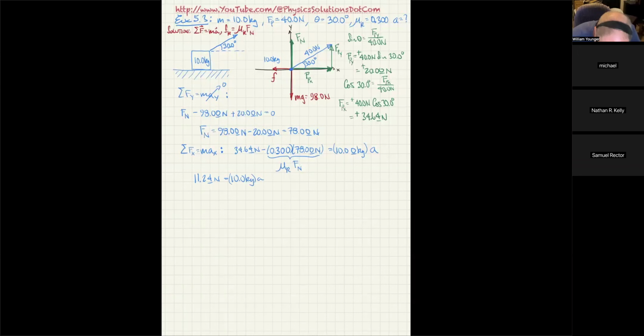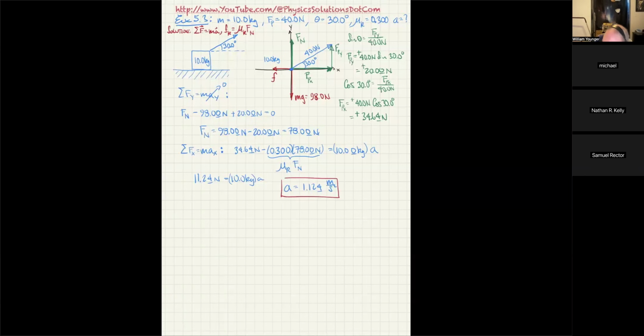I left off the extra sig fig there, but we can see immediately that a is just going to be 1.124, and that's newtons divided by kilograms. And of course, a newton is a kilogram meter per second squared. So if you divide that by a kilogram, you're just going to get a meter per second per second. So that's our acceleration, and that's of course with an extra digit, but that's it.